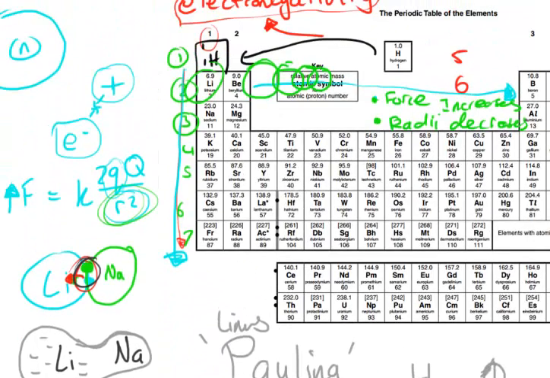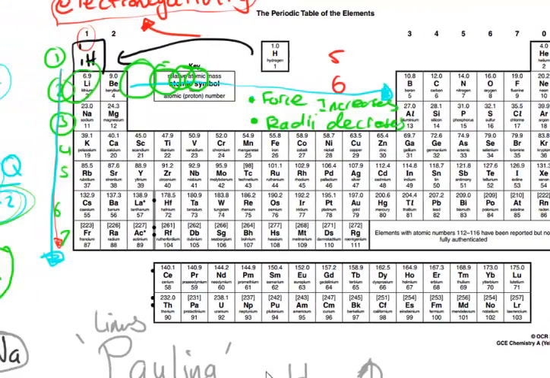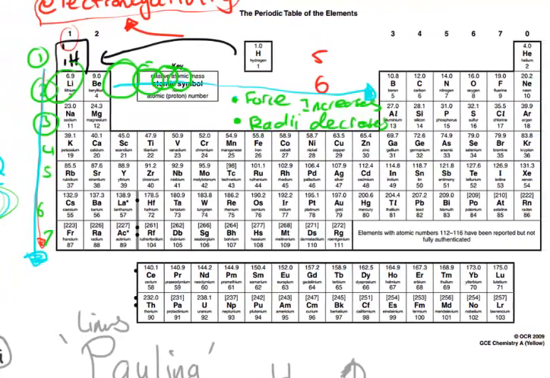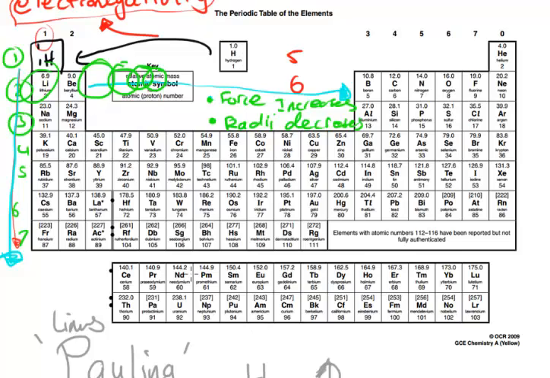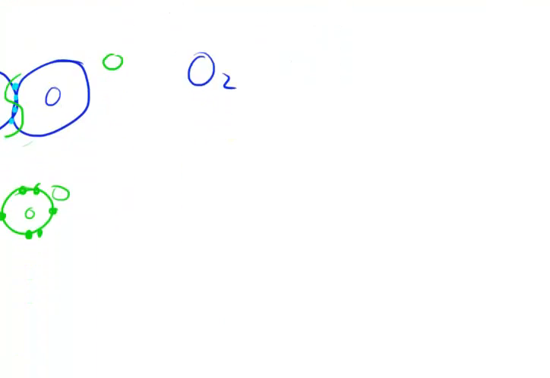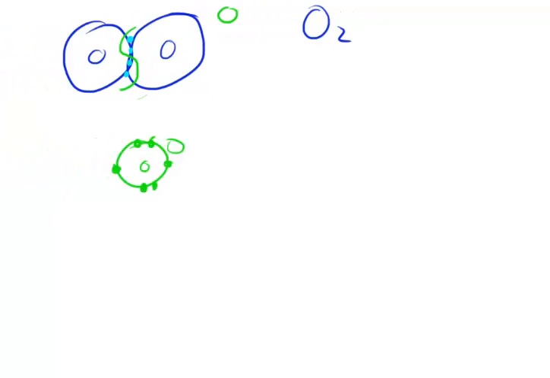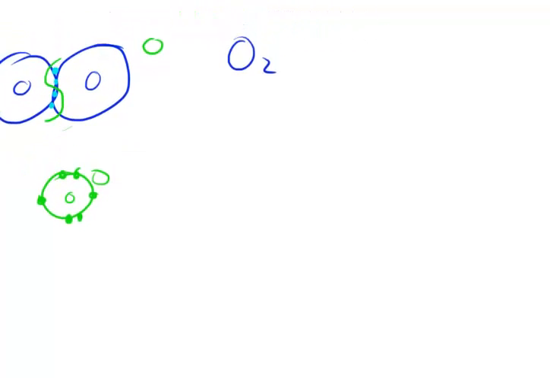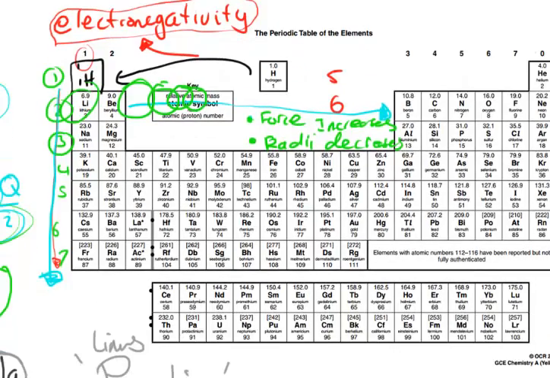But if we had, say, 2 different elements on this periodic table, which weren't the same atom and didn't have the same greediness for electrons, the electrons probably won't be evenly distributed. So let's say we had oxygen and hydrogen.